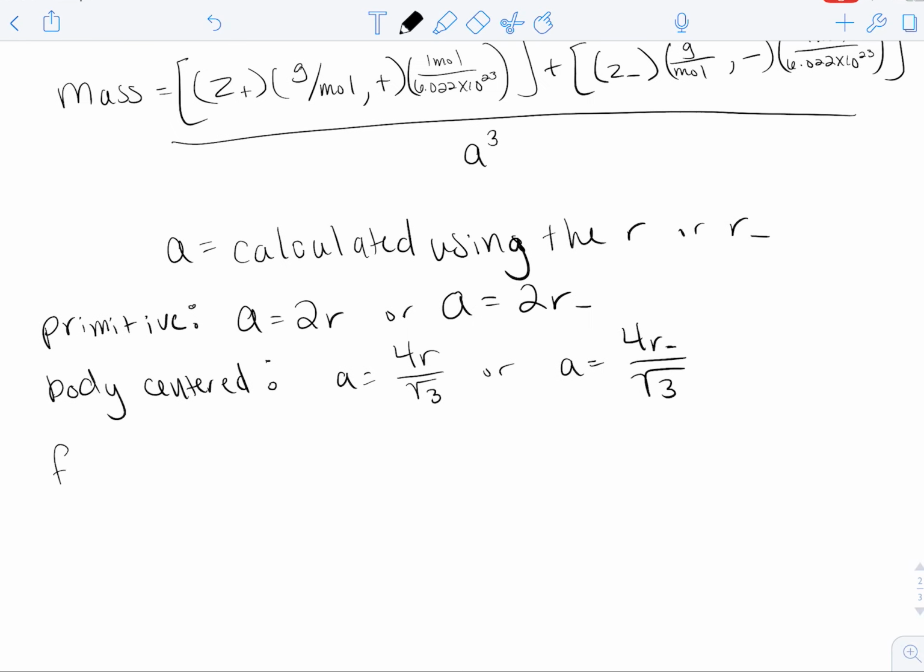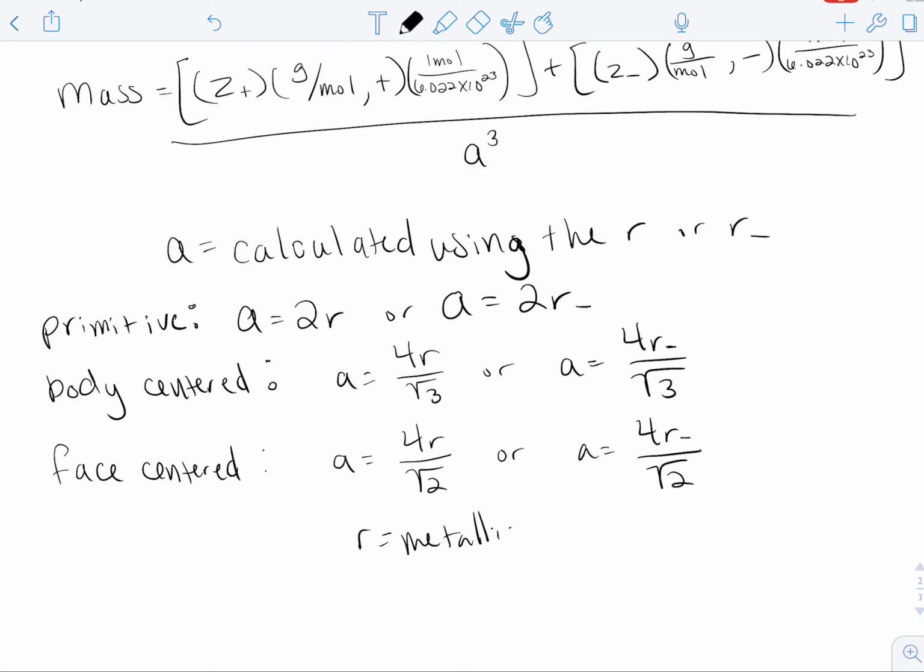Lastly, for our face-centered, A is equal to 4R over square root of 2, or A is equal to 4R minus over square root of 2. So you can relate A and R using these formulas, and R is your metallic radius, and then of course R minus is your anion radius.